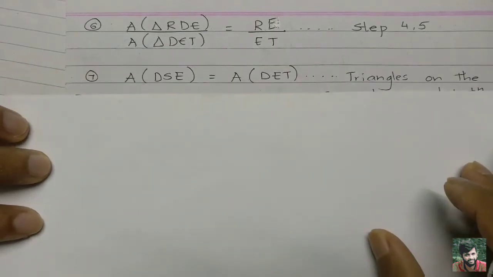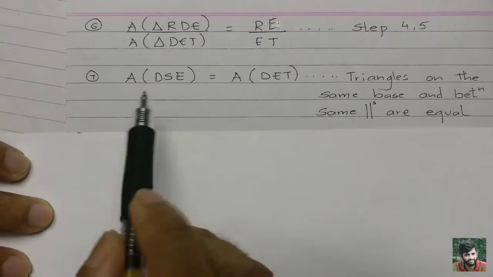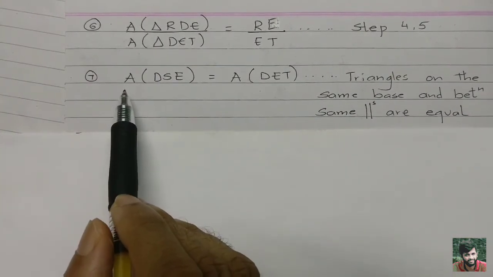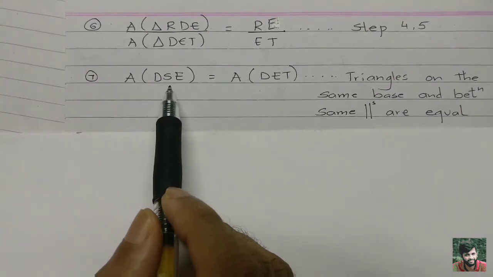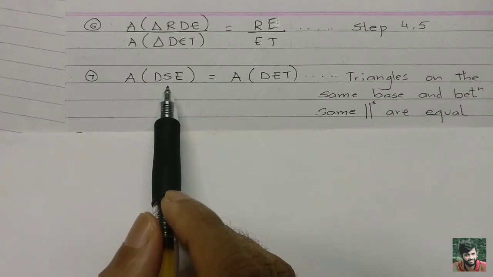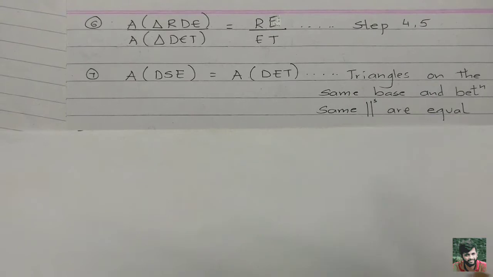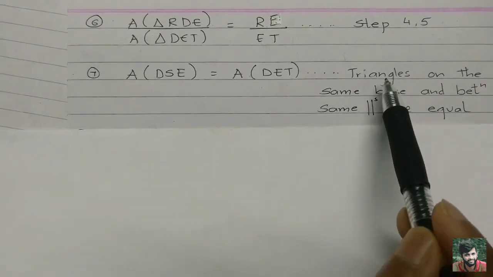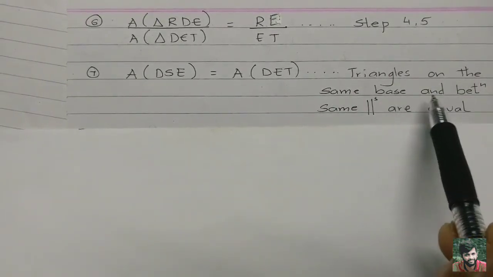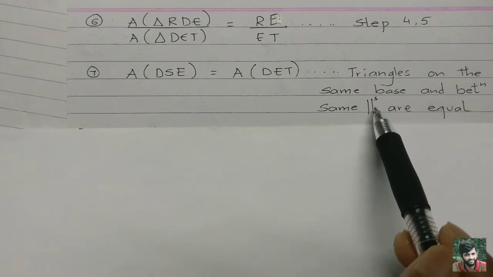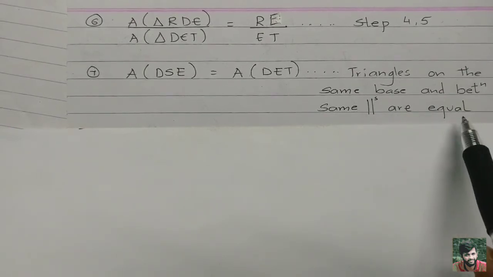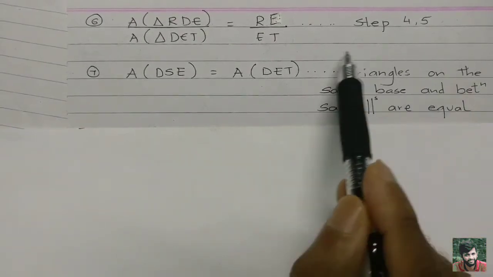In the next step, area of triangle DSE is equal to area of triangle DET. Why? Because triangles on the same base and between the same parallels are equal. You have studied this in the 9th standard.